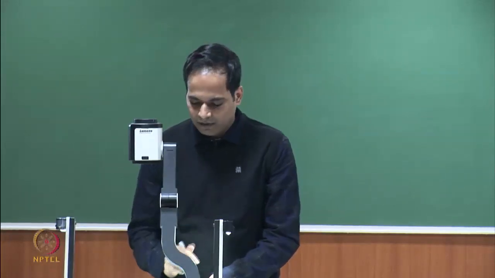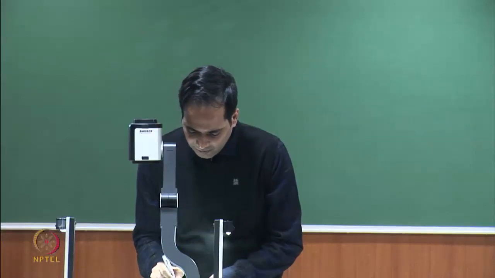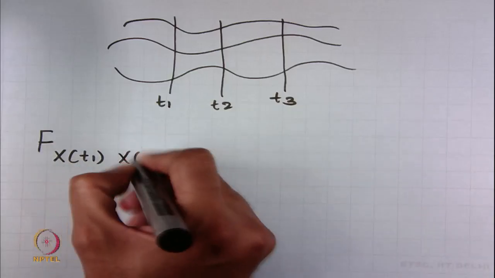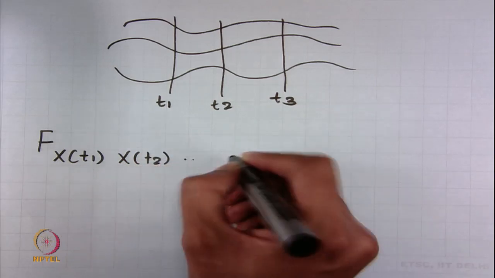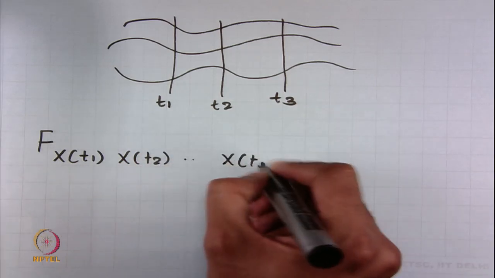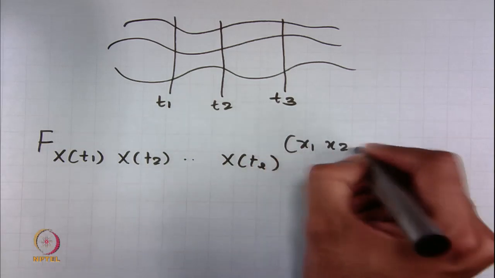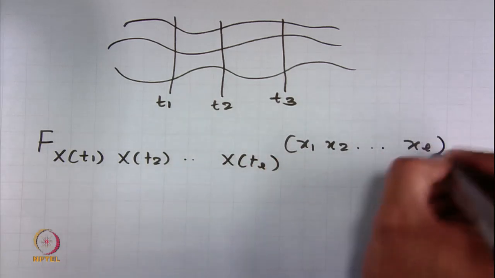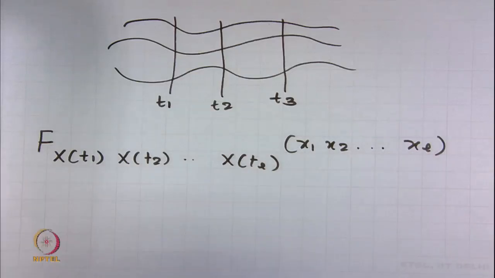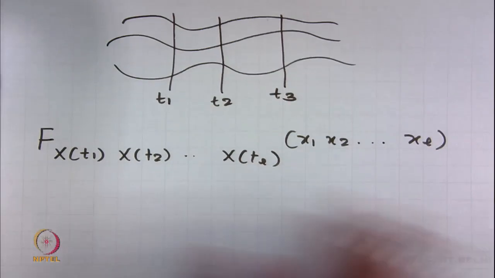I am going to get certain random variables, and if I get certain random variables, I can define what is known as the joint CDF. So, let me define the joint CDF. This is how we define a joint CDF of this random process.